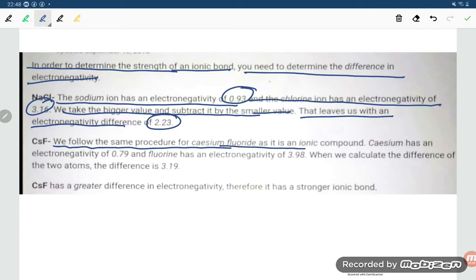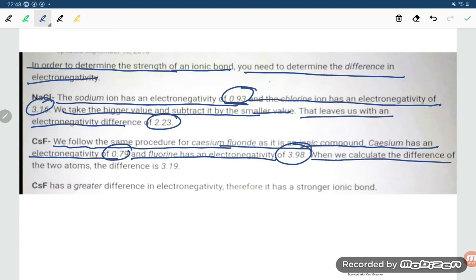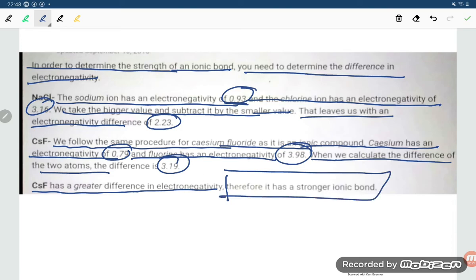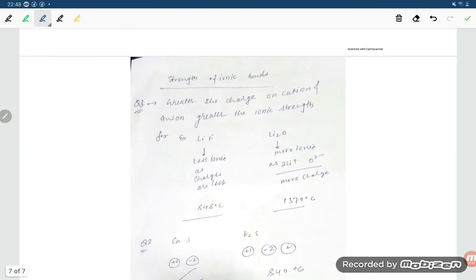Cesium has electronegativity 0.79 and fluorine has 3.98. The difference comes to 3.19. Therefore CsF has the greater electronegativity difference, so it has a stronger ionic bond.